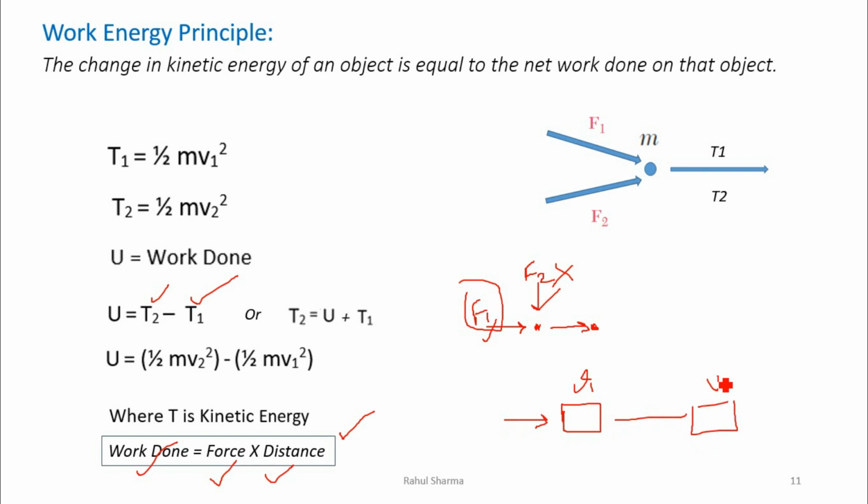Now at this point the velocity is v2. So the work done in terms of work energy principle, we will say kinetic energy of this position minus kinetic energy of this position. Always remember, final minus initial, and here the work done will be the force which is responsible for motion into the distance.